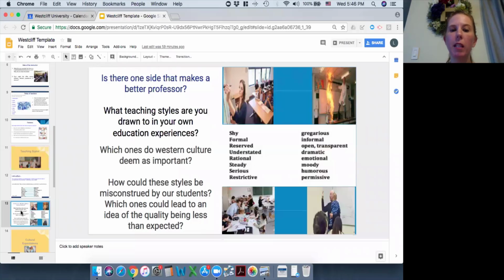And how might some of these be misconstrued by our students? Maybe thinking that its quality isn't up to what they thought that a teacher or a professor should have. So again, it's going to be slide 13, and I'm going to divide you into a couple groups, and I'm going to give you about 6 minutes. So we're going to be fast on this one.